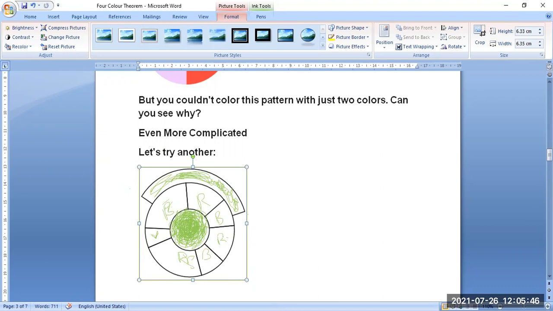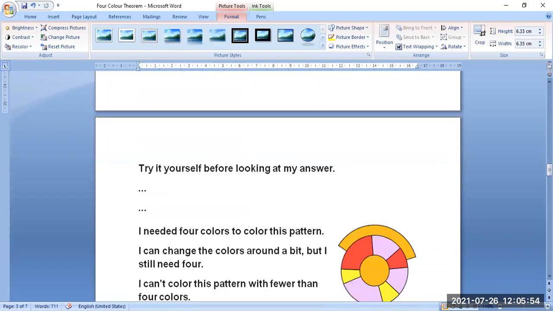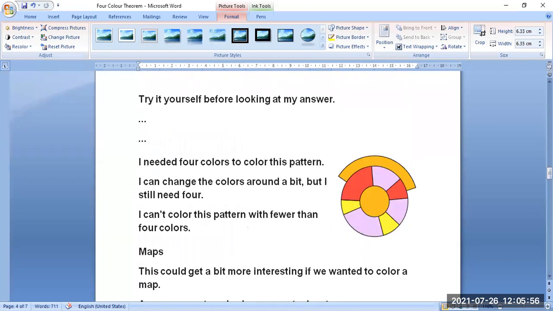Is it clear? No adjacent regions are in the same color. Yes, sir. Now look here, they have colored it. 1, 2, 3, 4 colors are required.